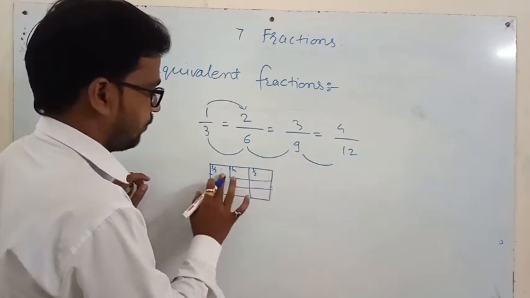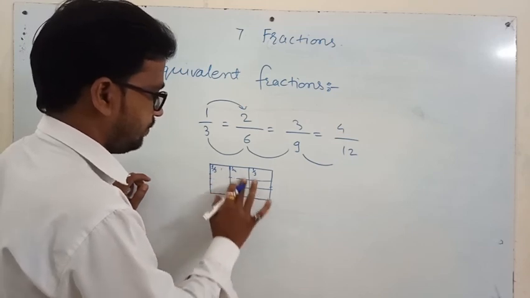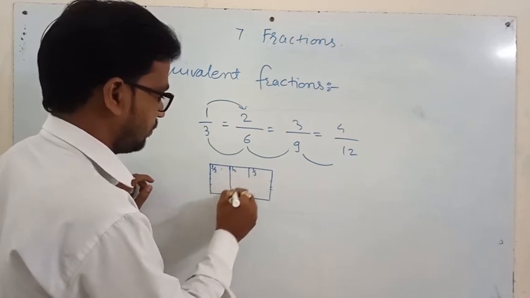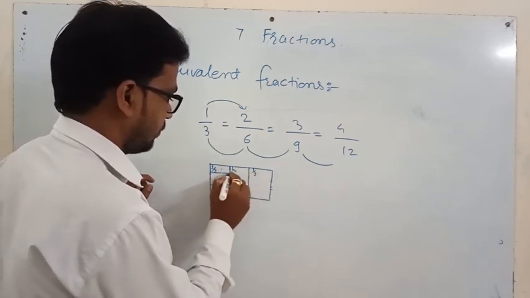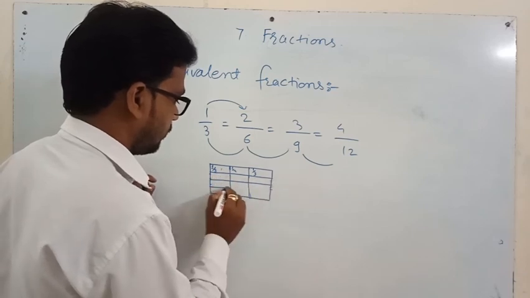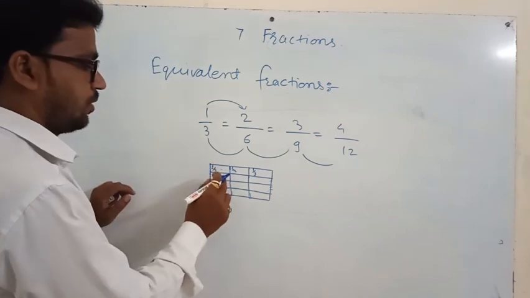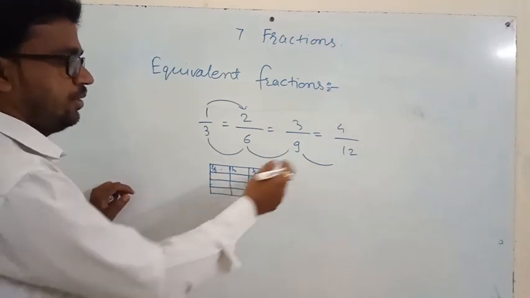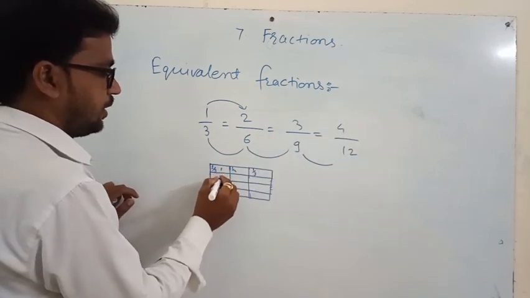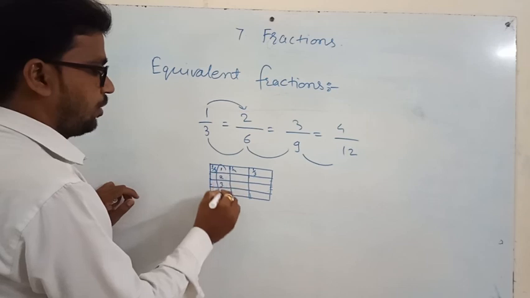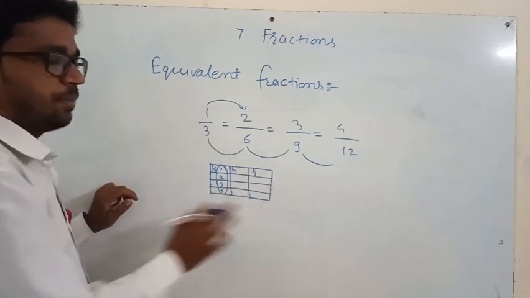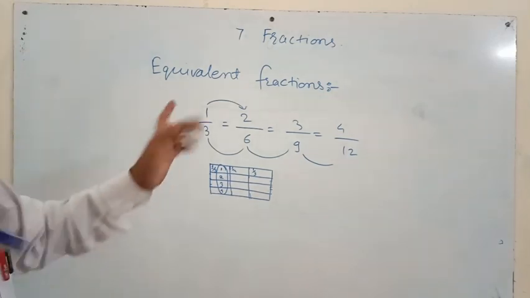Same if 4 parts are there, 1, 2, 3, 4, and 4 3s are 12. So 12 equal parts are there, and from there 4 equal parts. This 4 is nothing but the 1 part of this 3 parts. So it is the equivalent fractions.